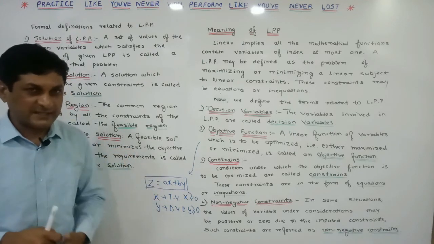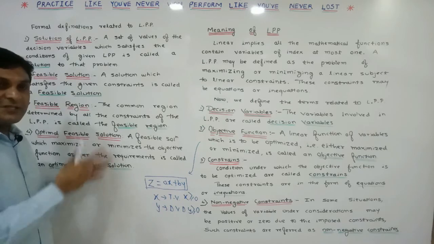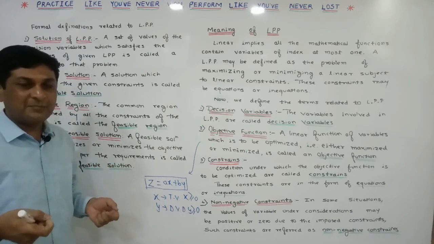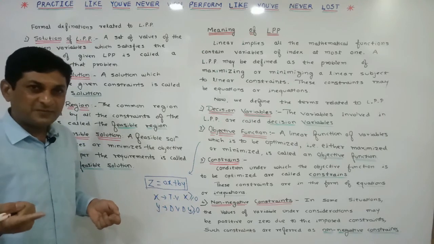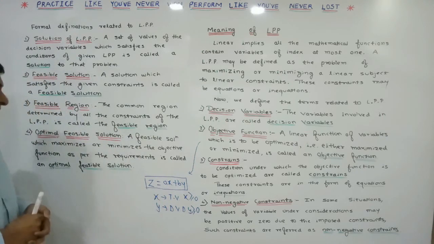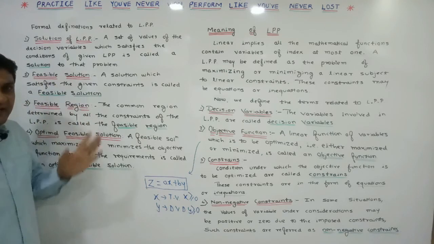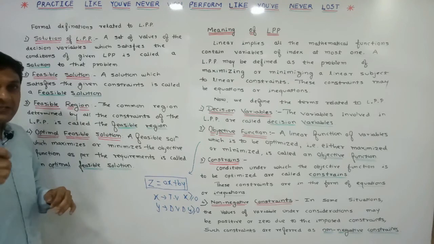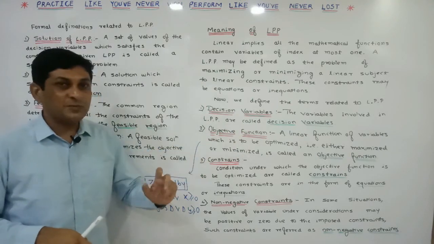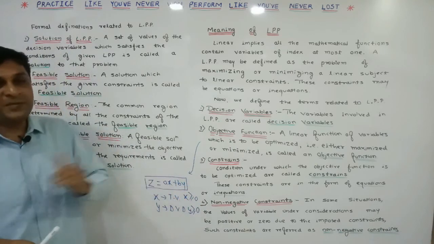We will discuss this part in the next exercise. All these definitions will become very clear while solving examples, because with the help of examples we can easily understand them. In a feasible solution set, infinite points are there, but at one particular point the objective function becomes maximum or minimum.